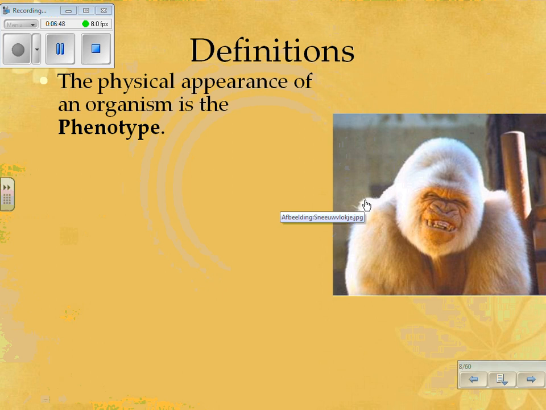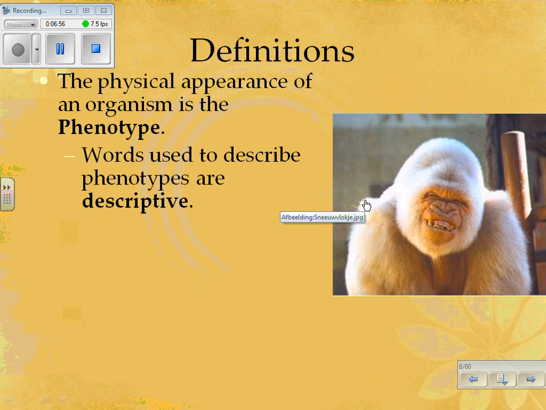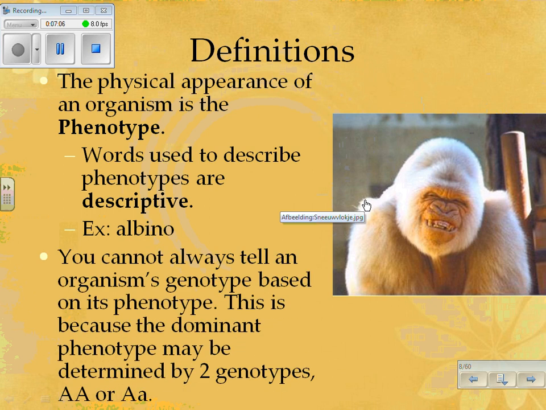Other definitions: if we want to take a look at the physical appearance of an organism, or what the organism looks like, that is the phenotype. Phenotype for physical. These are just words that we use to describe what the organism looks like, for example, an albino.